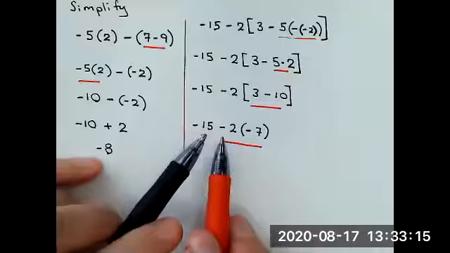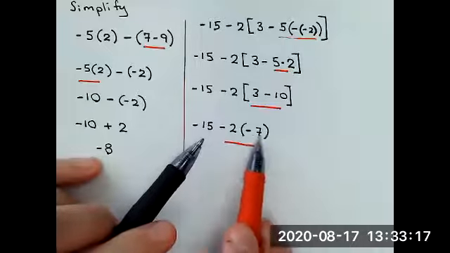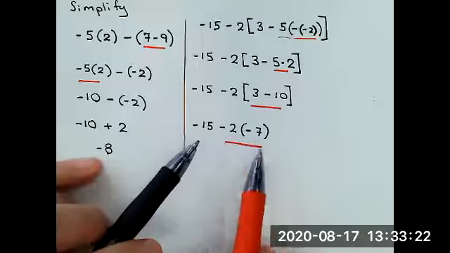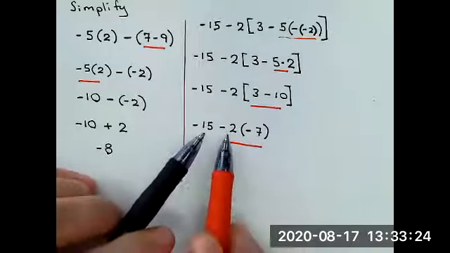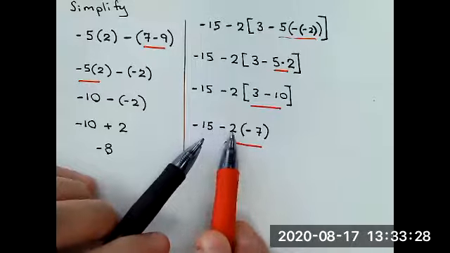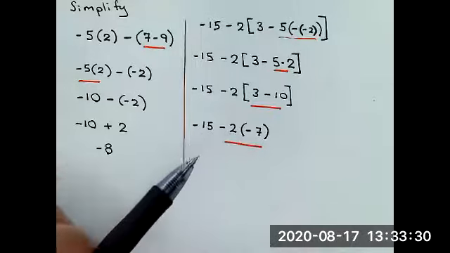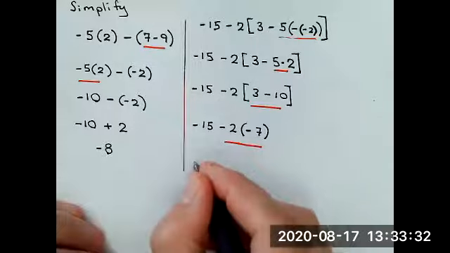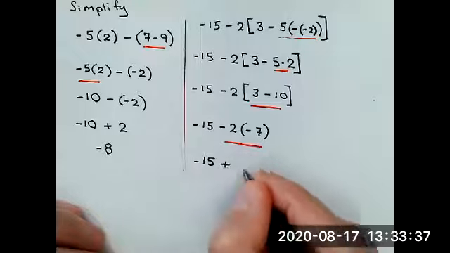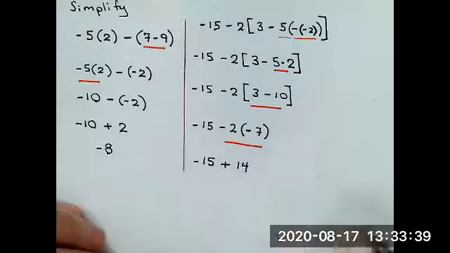Is it going to be negative 15 plus 14 or negative 15 times 14? And the key is here. Are these touching? And the answer is no. So you'll write negative 15 plus 14.